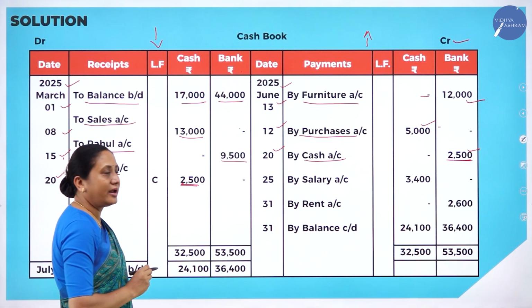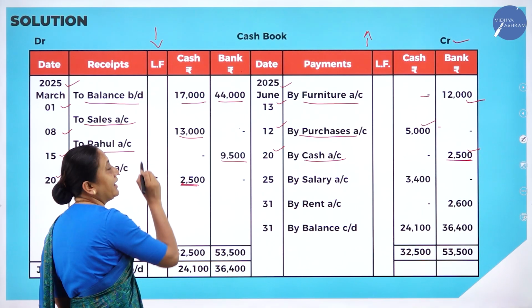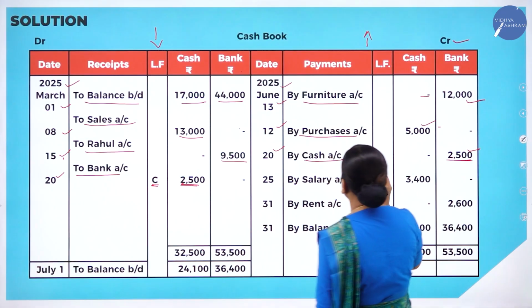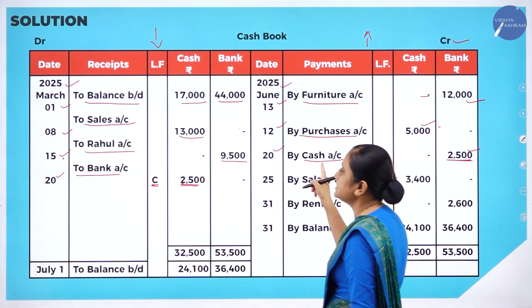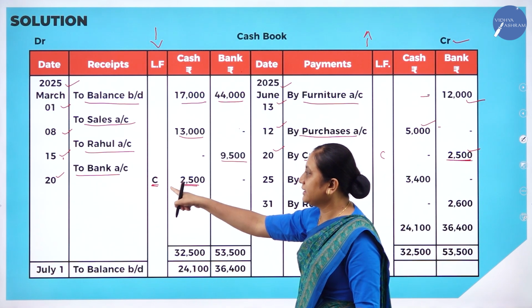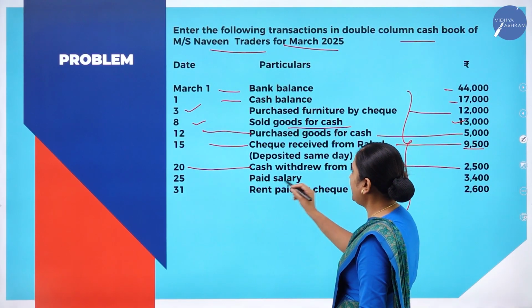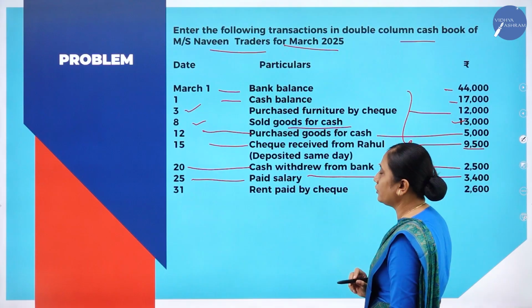Since this is a contra entry, we will denote it by the letter C in the LF column. So here also C and here also C, to denote that this transaction is a contra entry.